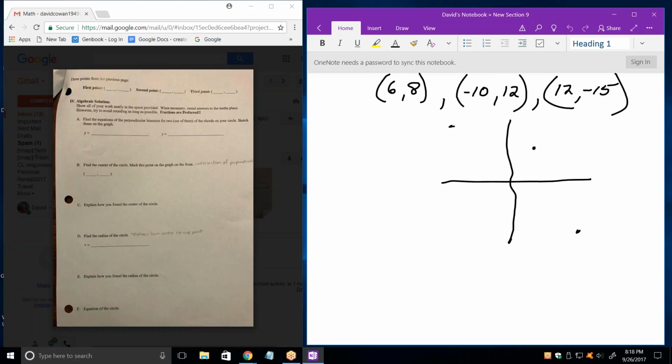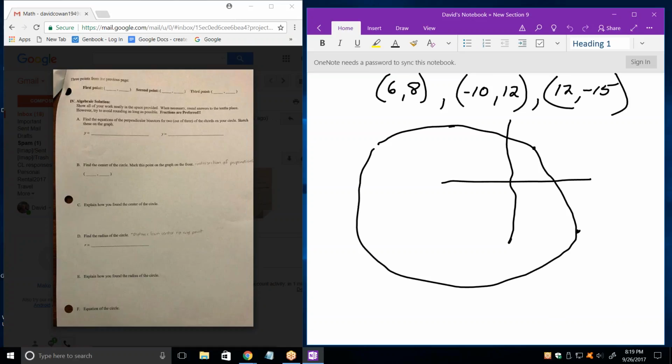Now, first of all, it says something about a circle. Find the equations of the perpendicular bisectors for 2 out of the 3 of the chords on your circle. Sketch these on the graph. I guess what they're saying is I can draw a circle that has those 3 points on it.